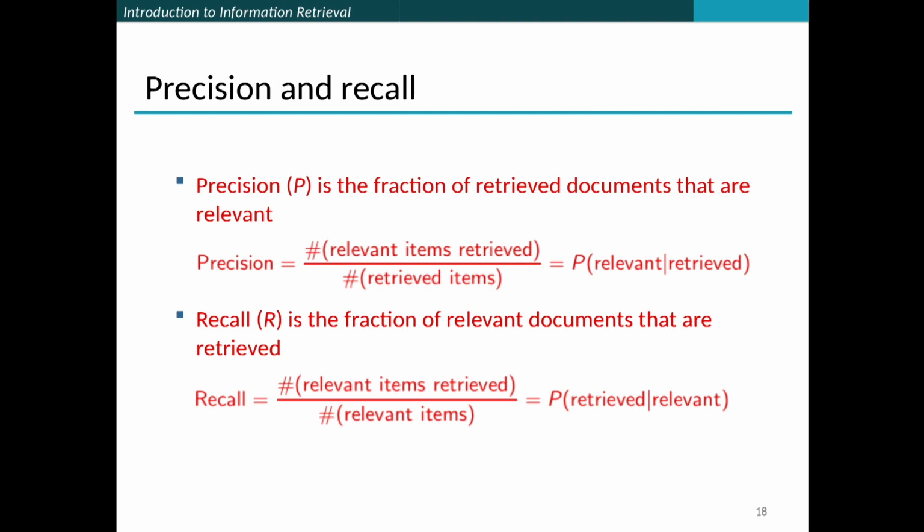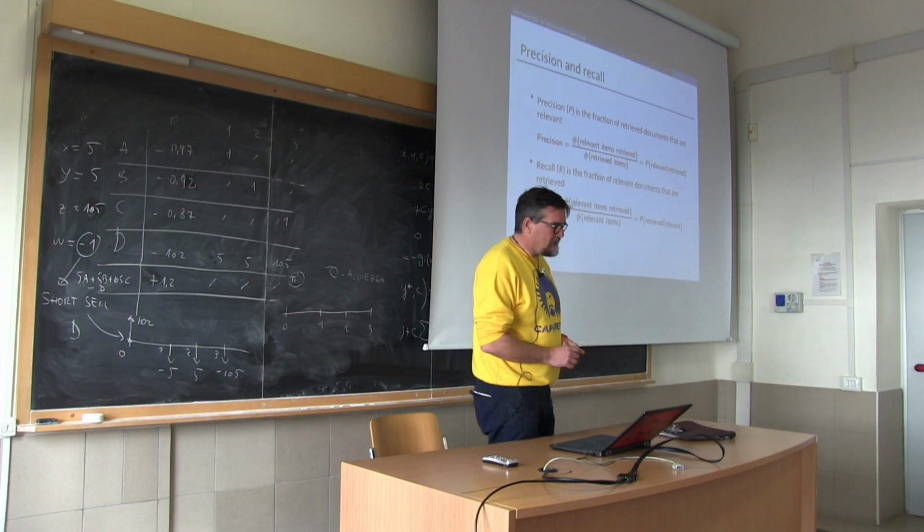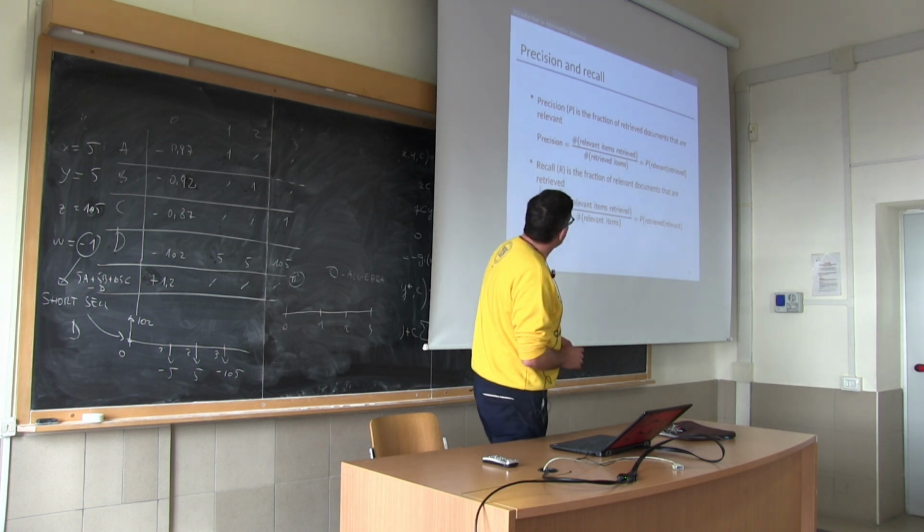Okay, what can we do? We already saw those concepts. We can measure precision and recall of the system. What is the precision? It is the fraction of retrieved documents that are relevant to the query. So basically the precision is, over all the retrieved items, which are the relevant items.